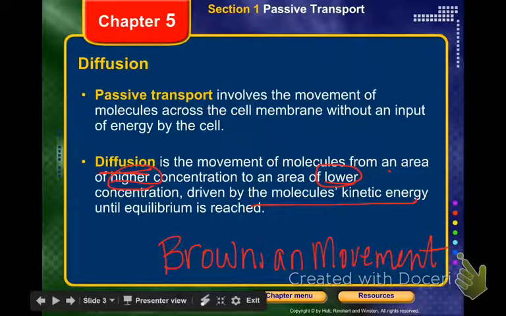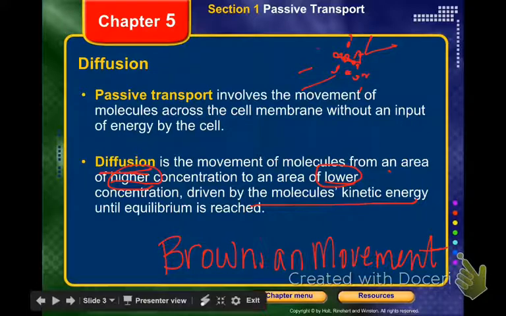They're always moving. They're never completely still. And so because of that vibrational energy, they're going to be bouncing into each other. If they're in an area where they're tightly packed in a high concentration, then as they bounce into each other, they're going to ricochet off in all kinds of different directions.